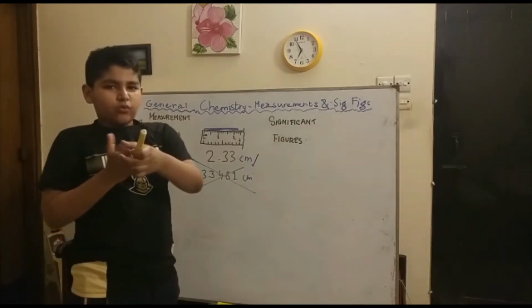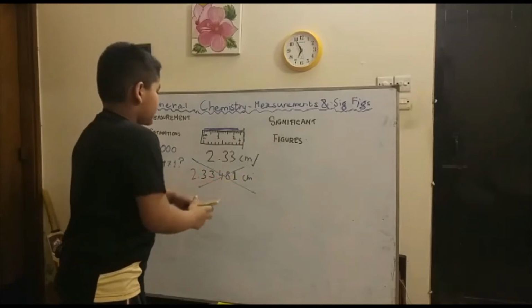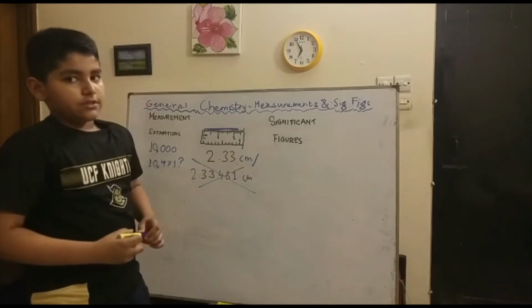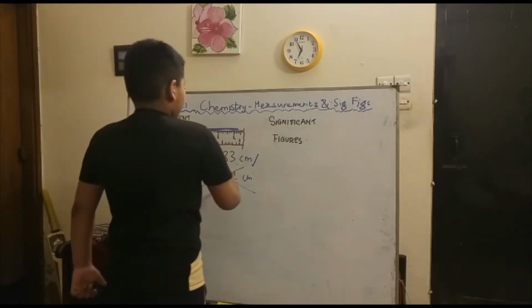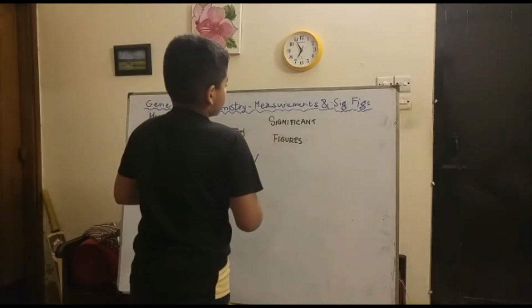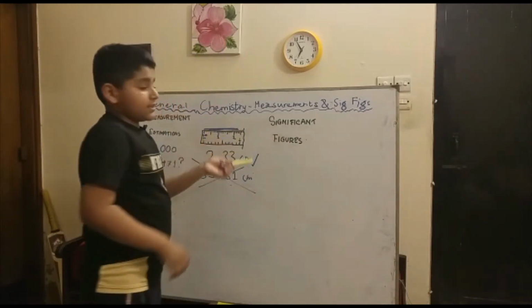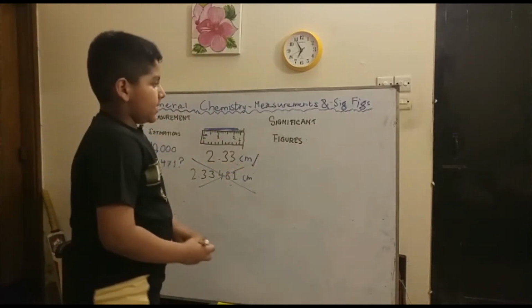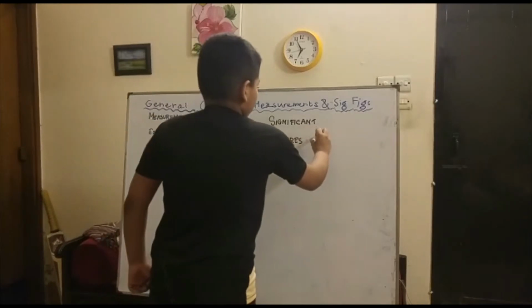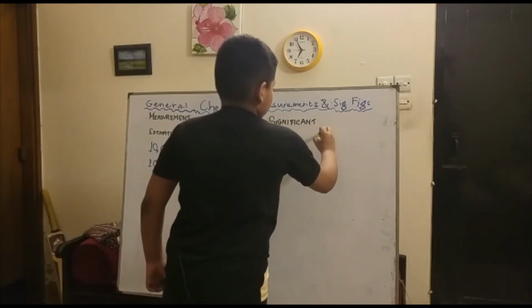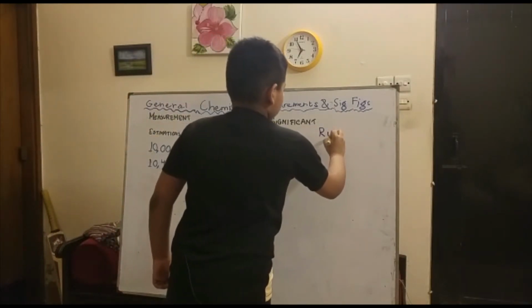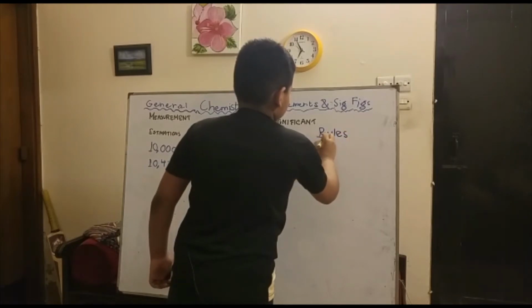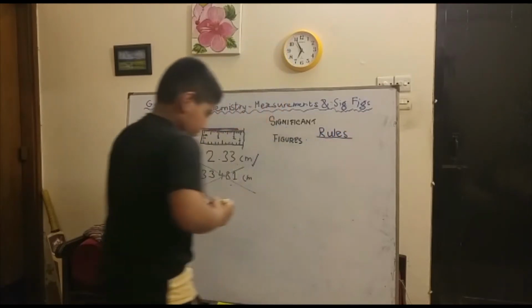Not even a micrometer can get the last 2 decimal digits. So each measurement contains a certain number of significant figures, or sig figs. Let's see some rules that apply while using significant figures.